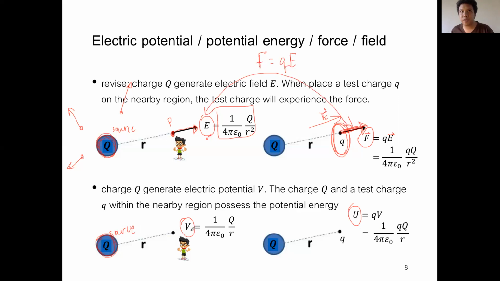So if I place a charge q at a point P of interest, we can say that the charge q will have the potential energy of qV. So now we have the relationship U equals qV as the connection.